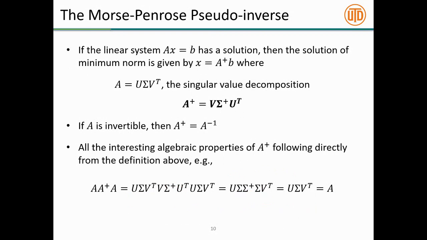So namely, if A has a singular value decomposition U Sigma V transpose, then we could define the matrix A plus, which we call the pseudo-inverse of the matrix A, to be V Sigma plus U transpose, where again, Sigma plus is the diagonal matrix whose non-zero elements correspond to the inverse of the non-zero elements of the diagonal of the matrix Sigma.